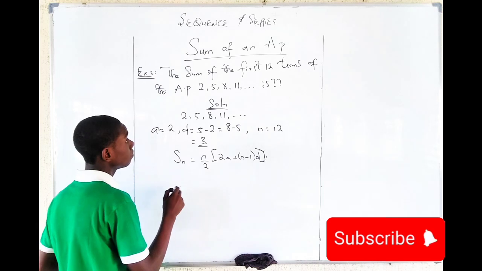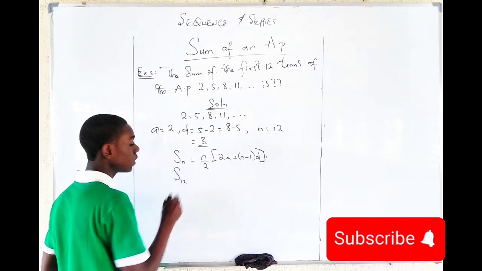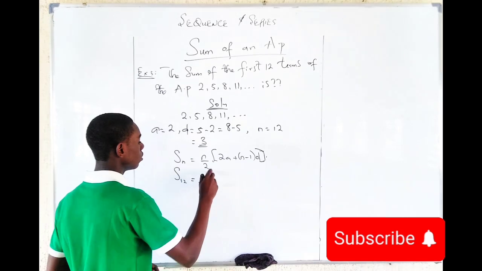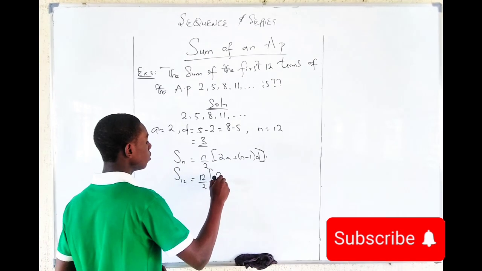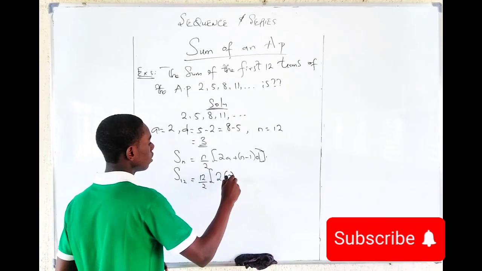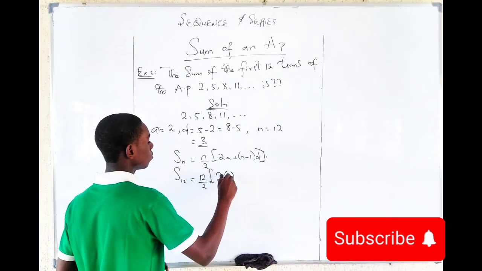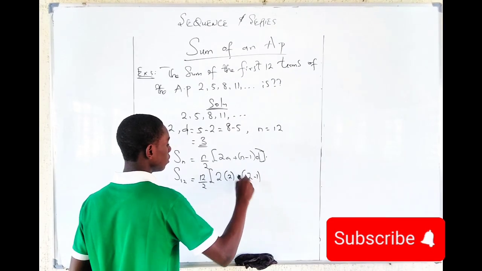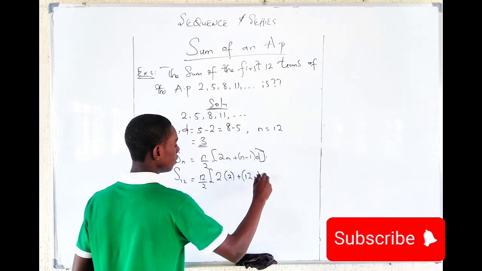So S of n, the sum of the first 12 terms, will be equal to 12 over 2 into 2 times the first term a, which is 2, plus 12 minus 1 multiplied by 3.